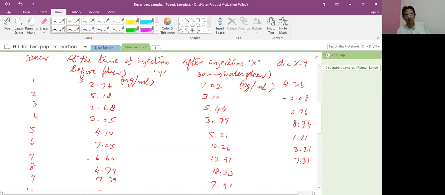So 13.91 minus 6.60, the answer is 7.31.